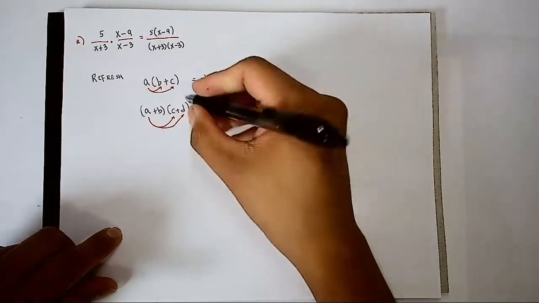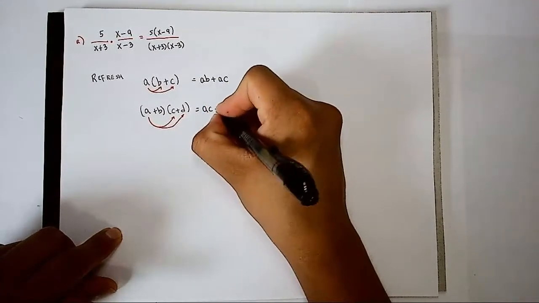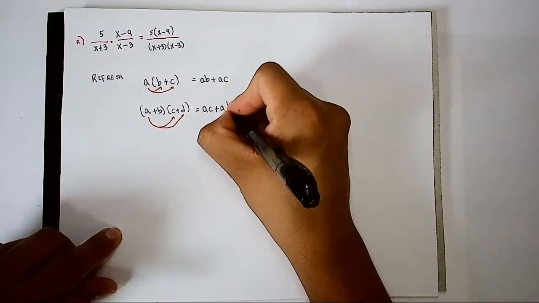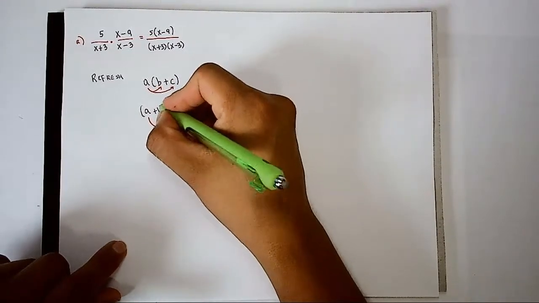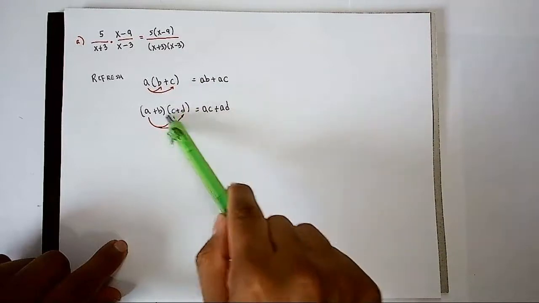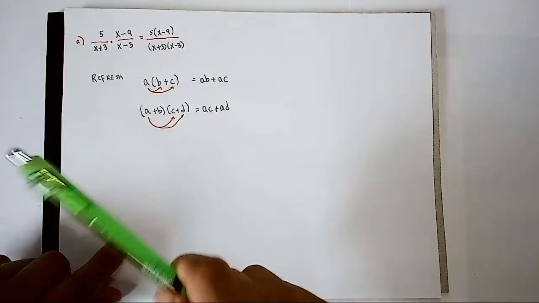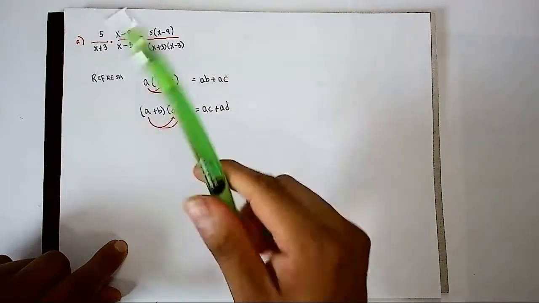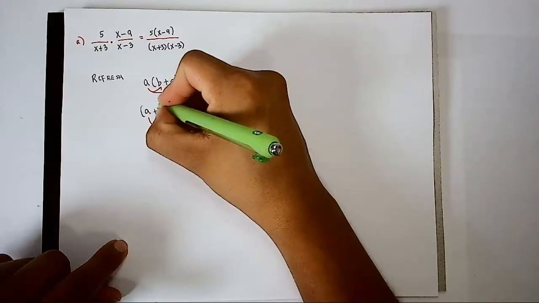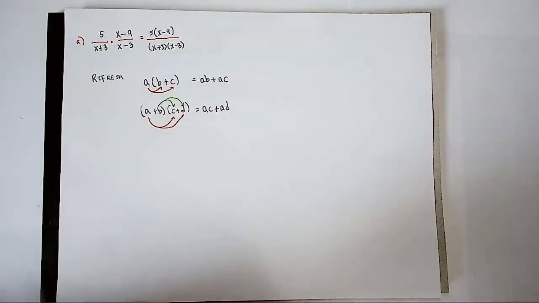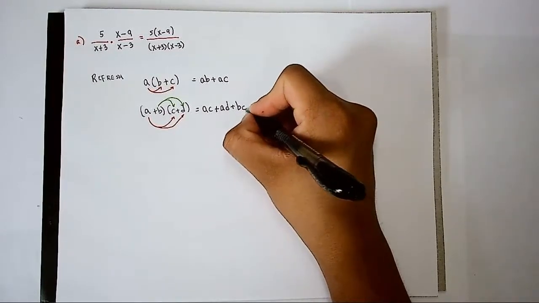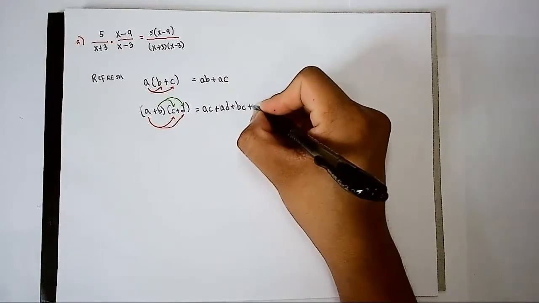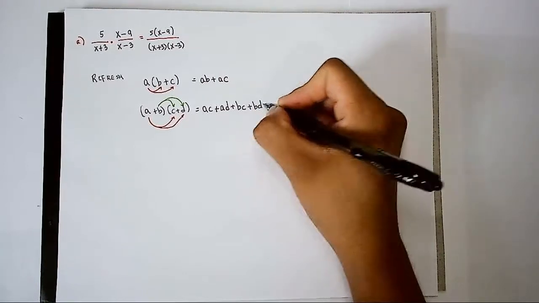So this is AC plus AD, and then we multiply the terms of the second parenthesis with the second term of the first parenthesis. So this is plus B times C plus B times D.